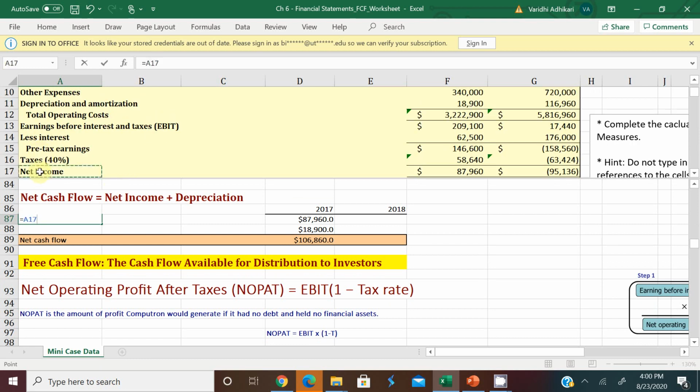Net income for 2018. I've already done 2017. So net income for 2018 was equal to that. Another thing you want to do is not type in every number, but make references, so that you can generalize them, or sometimes be able to drag them across and so on.